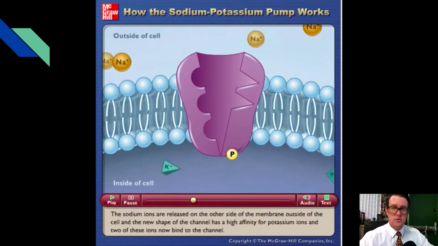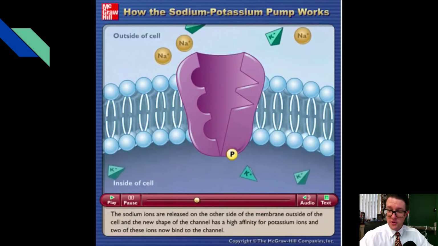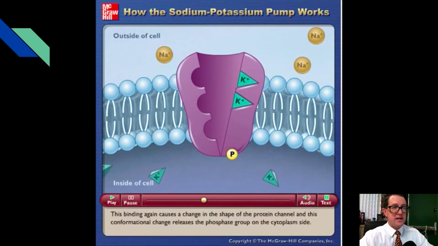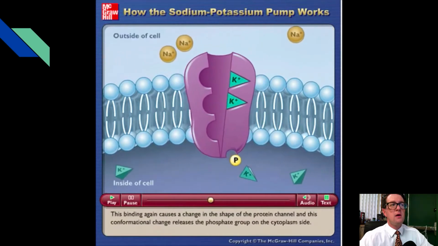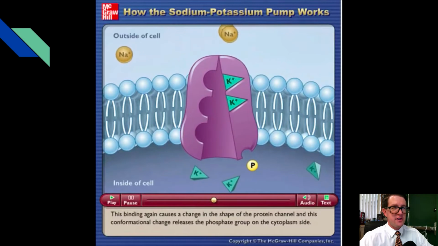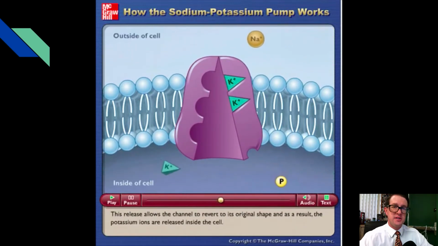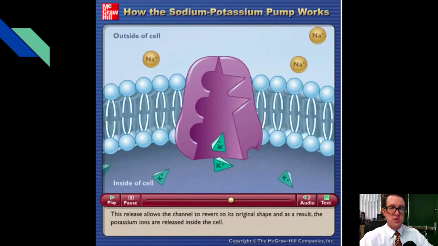In the extracellular fluid, you also have some potassium ions, and those will come and they will bind. We get rid of that last little piece, that phosphate, that P, that releases just enough energy to change the shape once again so that the potassium ions can leave into the intracellular space. And now we're free to do this all over again.